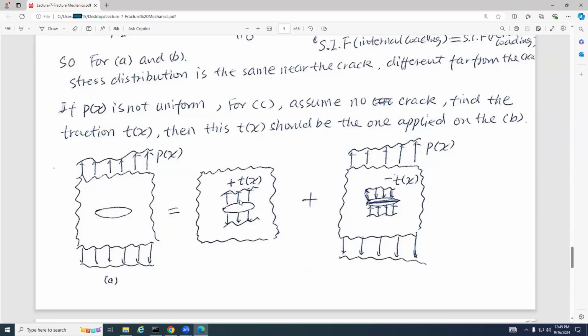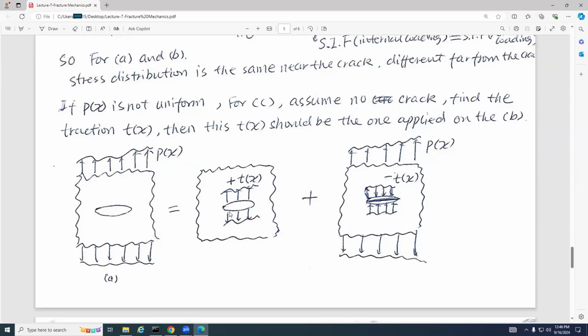You can see here, if Px is not uniform, so P is not uniform, and for C, assume no crack and the traction Tx, then this Tx should be the one applied on the B. Suppose there is no crack. So this Tx fully cancels this one, and you need to calculate the T plus Tx.